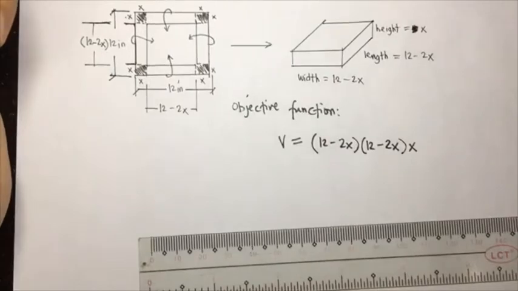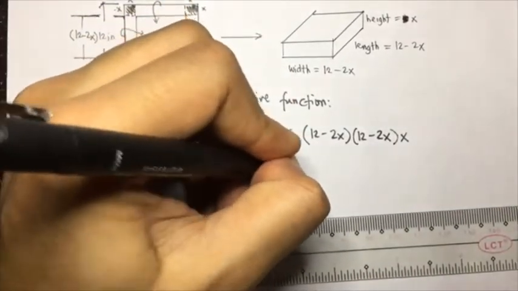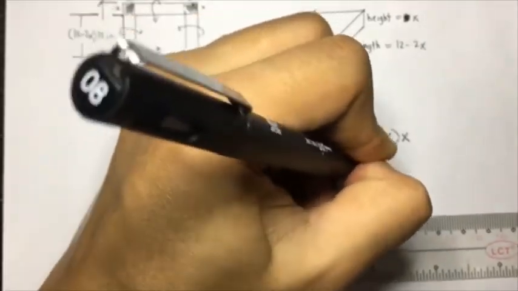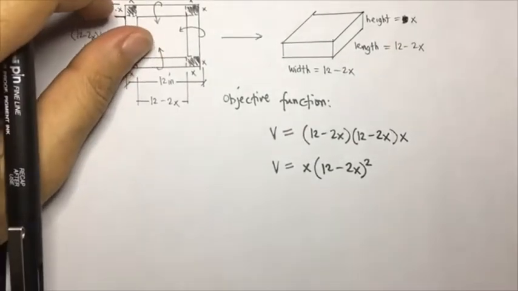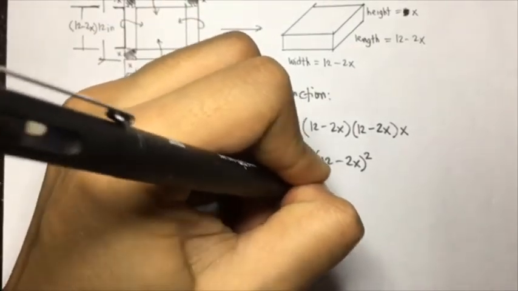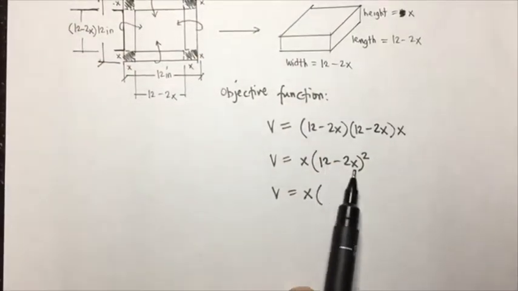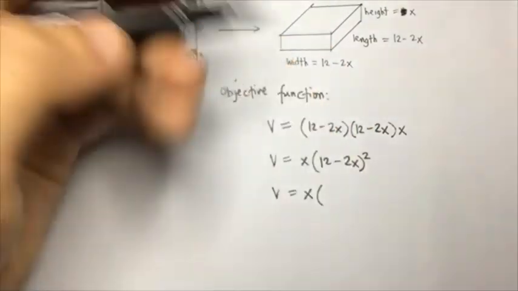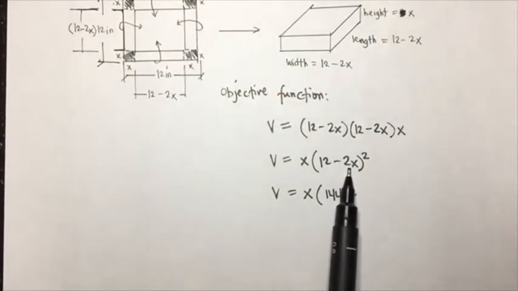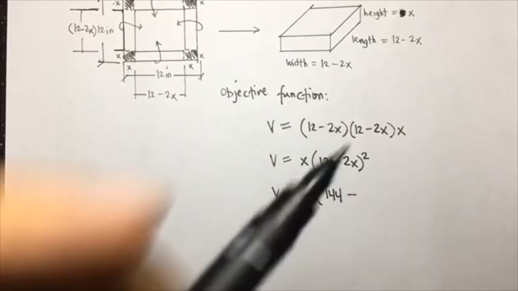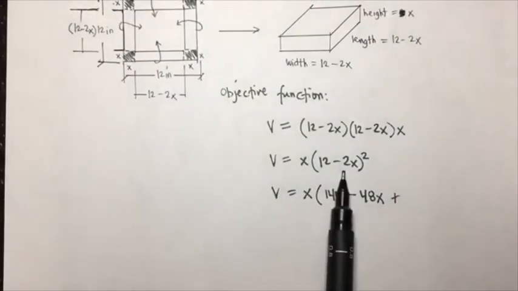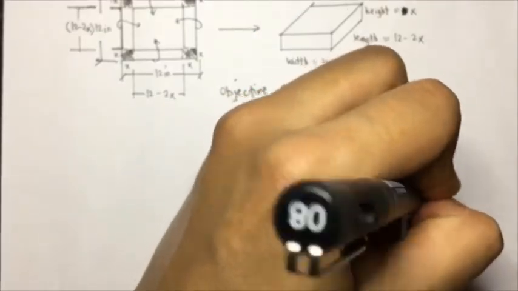Therefore, we can expand this. It's x times (12 minus 2x) squared. We can expand that as V equal to x multiplied by, applying special products, 12 squared, so that is 144, minus 12 times 2x, it's 24x times 2, so minus 48x, plus (2x) squared, so that is 4x squared.